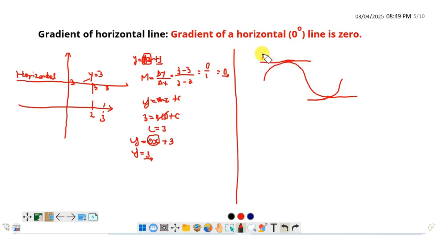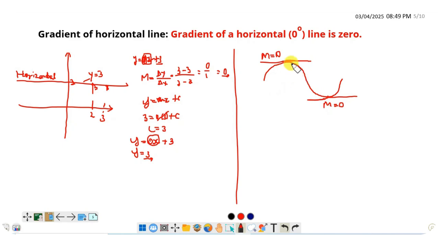So what do you know about the gradient of a horizontal line? The gradient of a horizontal line is 0. Okay, so that is what I want to show you there.